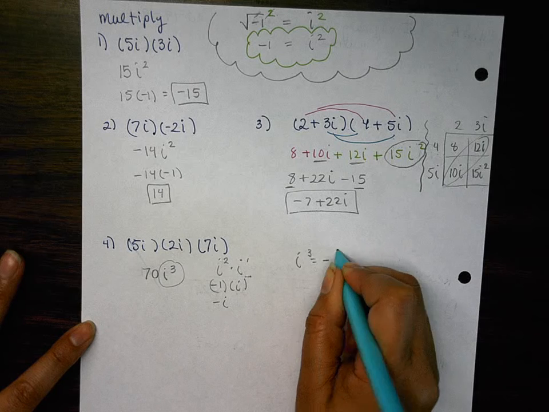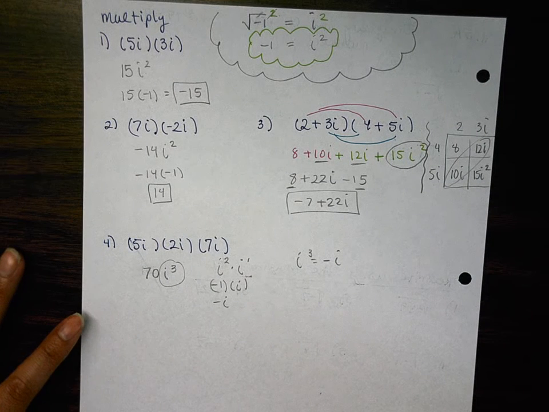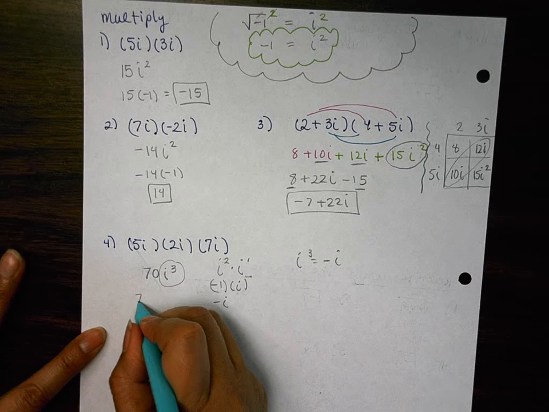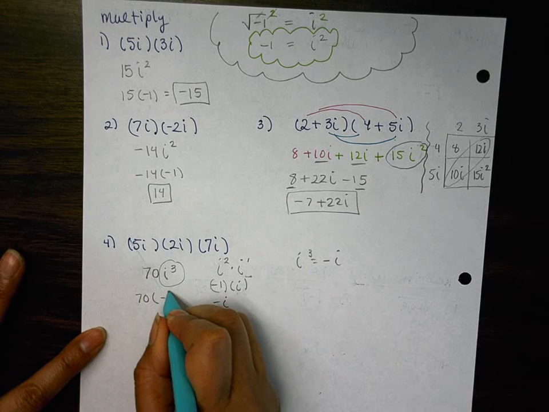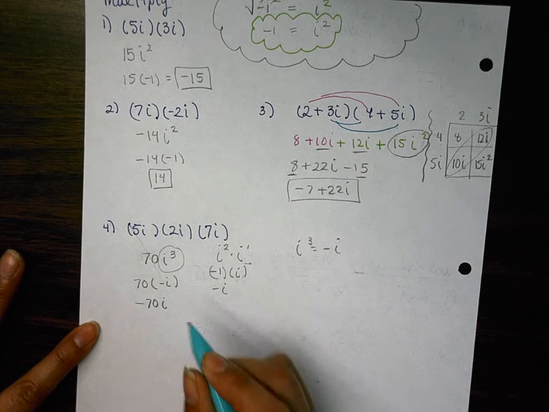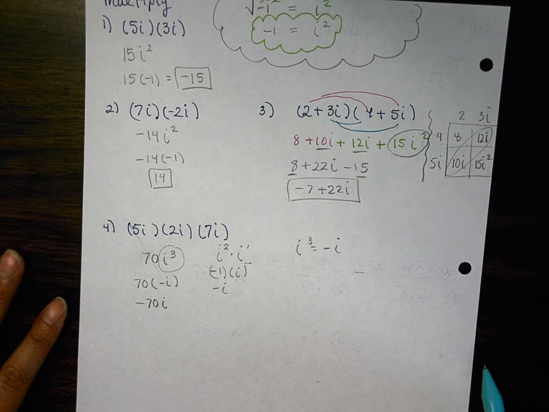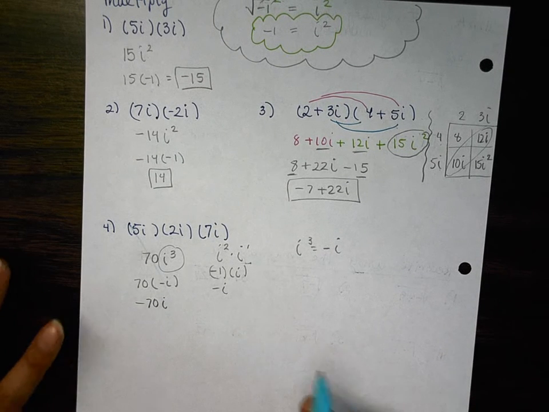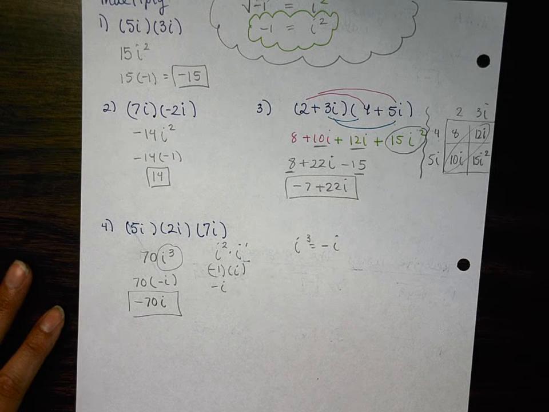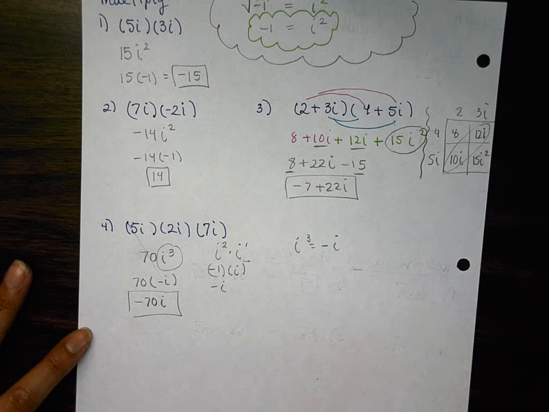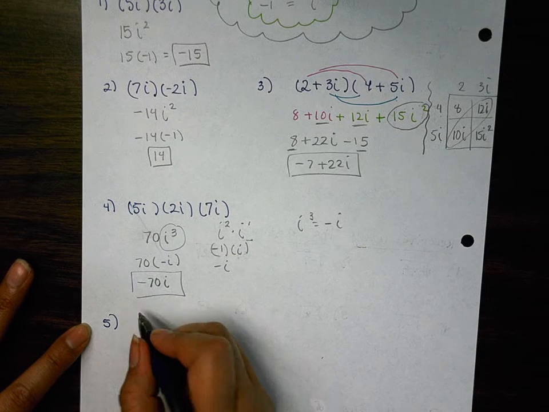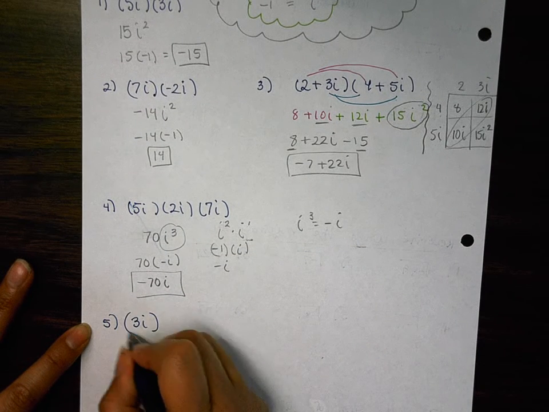So we just figured out that i cubed is -i. So what's 70 times -i? 70 times -i is negative what? Is it okay to have an i in your answer? I said that earlier. You should only have i's, no i squared or i cubed. So is this answer okay? Yes?